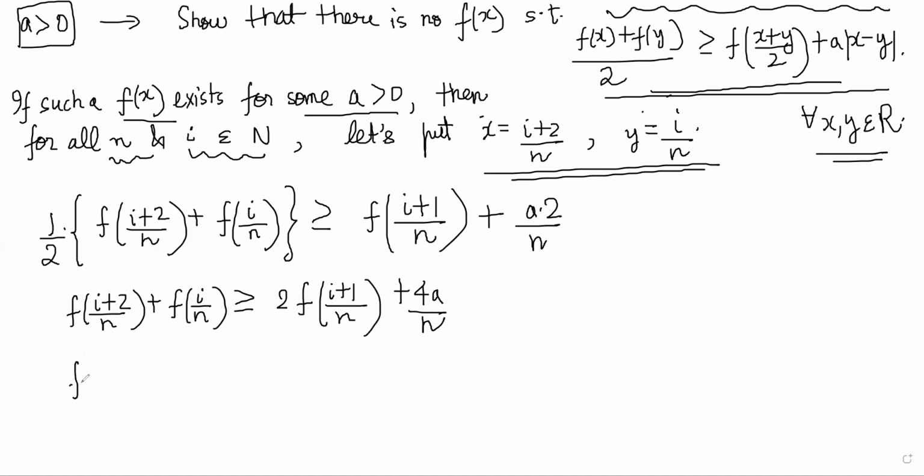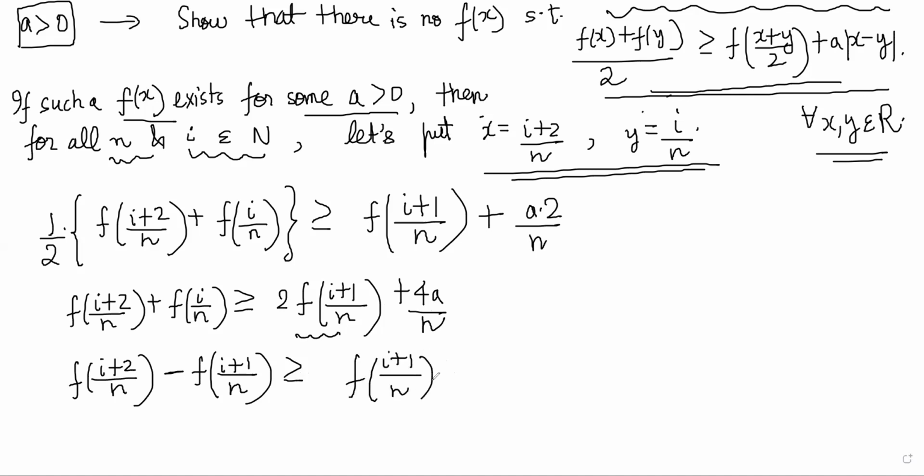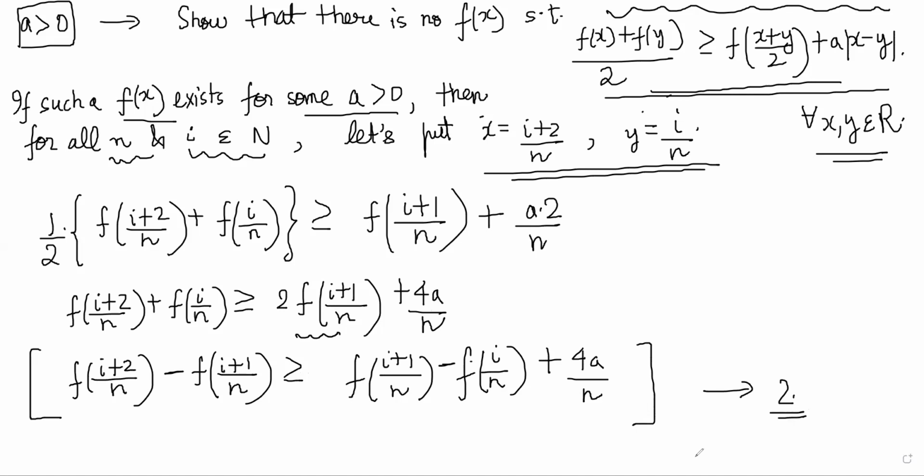We'll say f of (i plus 2) by n minus f of (i plus 1) by n, taking one term to the left hand side, is greater than or equal to f of (i plus 1) by n minus f of i by n plus 4a by n. Let's call this relation 2.